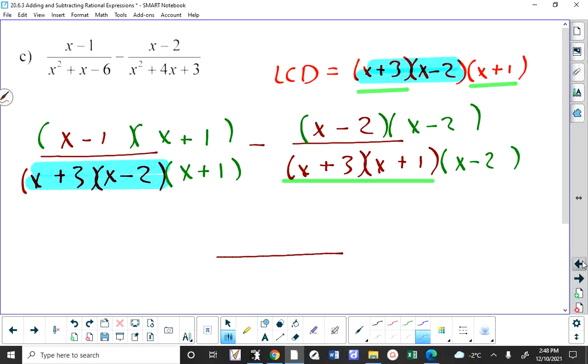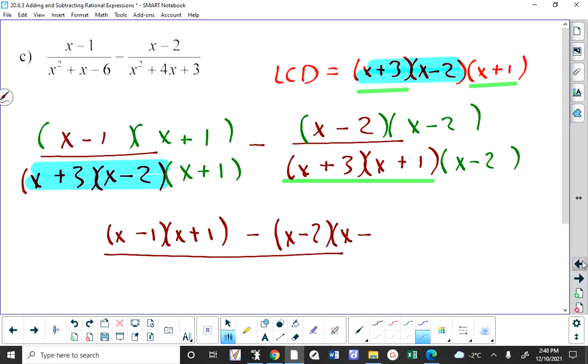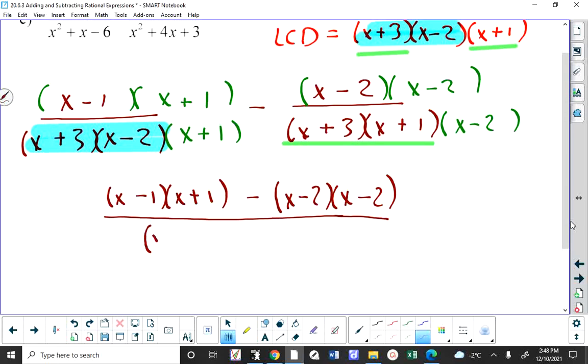Putting these together, you have x minus 1 times x plus 1 minus x minus 2 times x minus 2 over our common denominator, x plus 3, x minus 2, x plus 1. Can't we just do this?